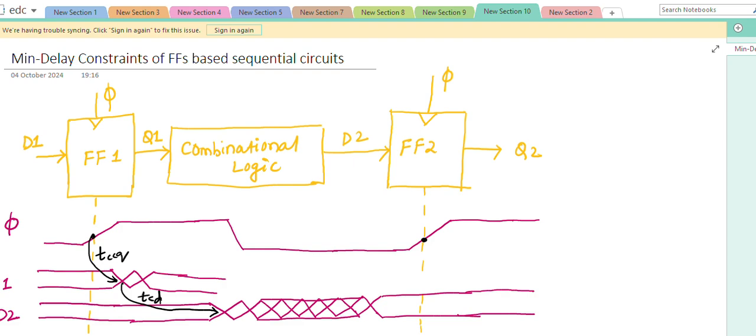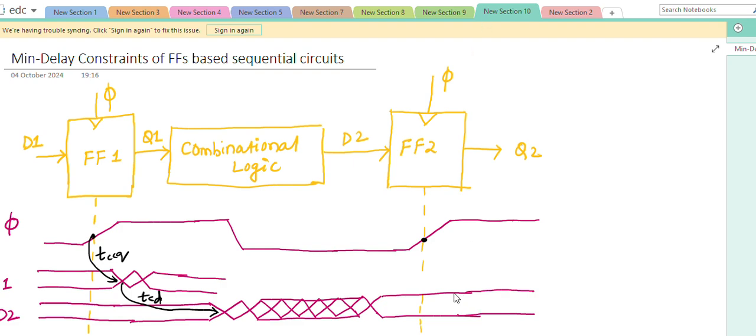In the earlier video, I already discussed what a flip-flop based sequential circuit is and how to find the maximum delay constraint of flip-flop based sequential circuits. If you want to understand that, you can watch that video on my channel. Now I'm going to discuss the minimum delay constraint.